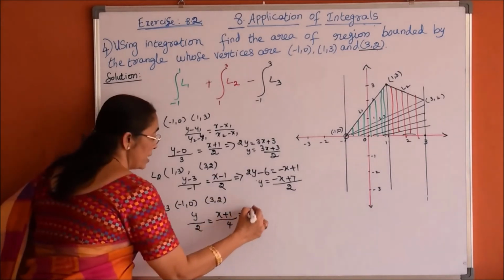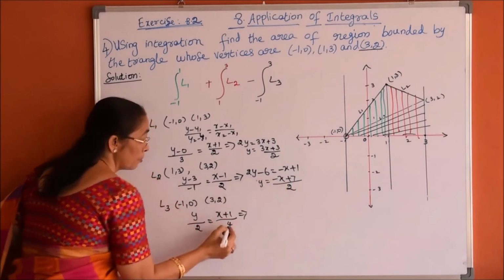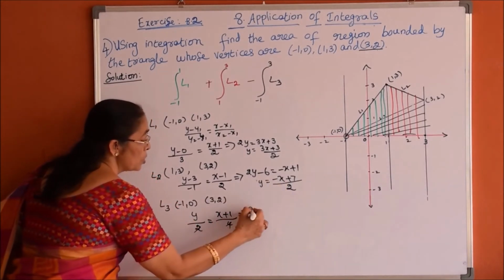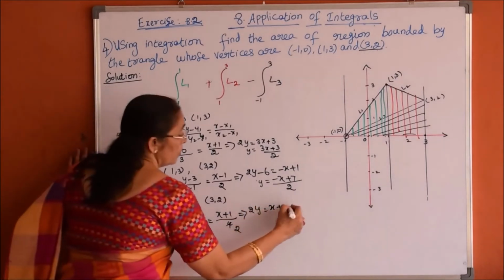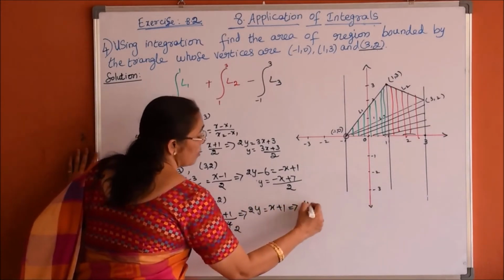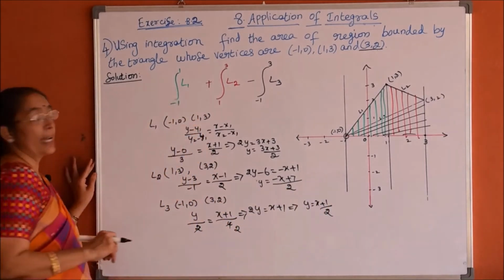So 4y equals... we can cancel this 4 and 2, so 2y is equal to x + 1, which implies y is equal to (x + 1)/2. So, we got all the 3 lines' equations.